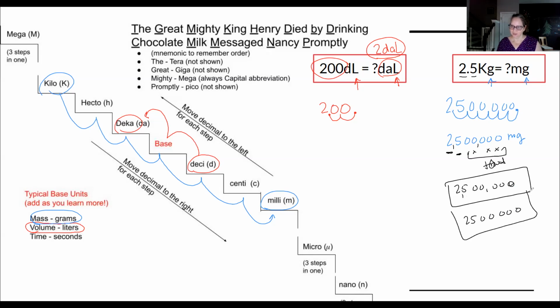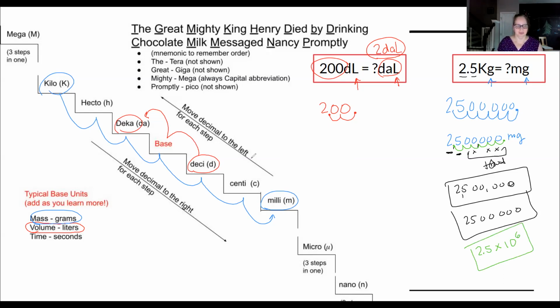Okay, so you could write this or 2500000, or you can put it in scientific notation. We know the decimal place is there. 1, 2, 3, 4, 5, 6 places. 2.5 times 10, and it's a big thing, so it's a positive decimal place. 2.5 times 10 to the 6th. Hey, wait a second.